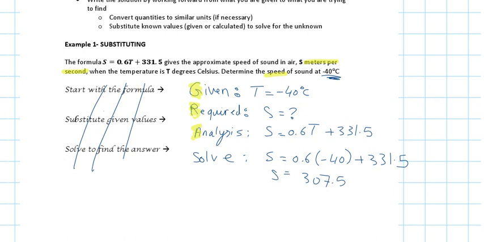That's negative, yeah. So that should make sense, right? Now, what am I missing in my answer? Unit. Right? What would be my unit? Meters per second.